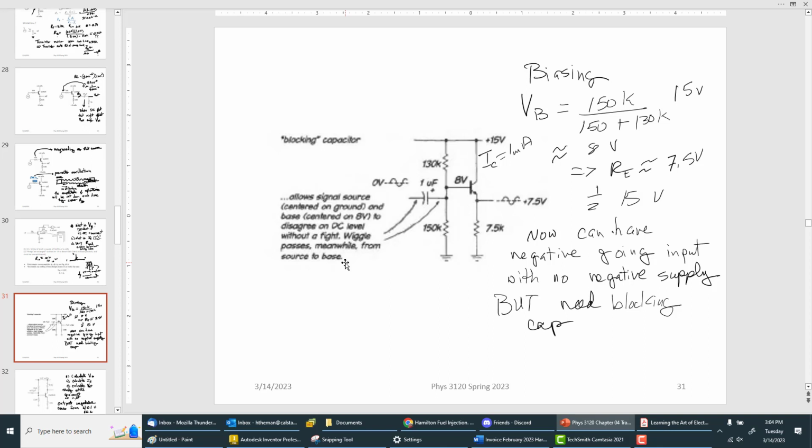But now what happens is the biasing network takes a signal. It's small, but you have a signal like this at 0 volts. And let's say this is 6 volts, and this is minus 6 volts.